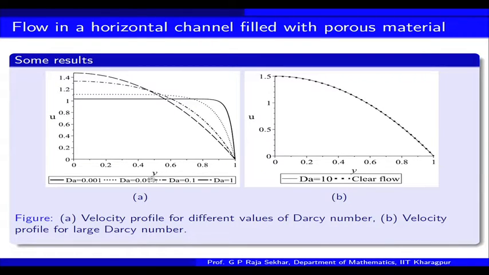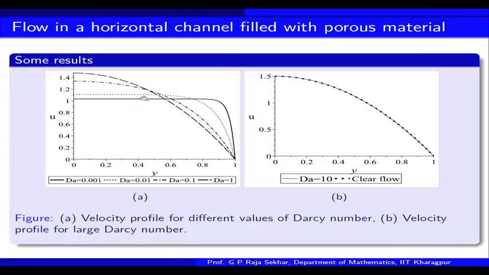But if you compare two particular Darcy numbers, let us say these two, towards the center, if the Darcy number is less, the velocity is less, and if the Darcy number is more, the velocity is more. But towards the boundary there is a crossover, and for low Darcy number it is more. This is because the total volume flux is balanced.